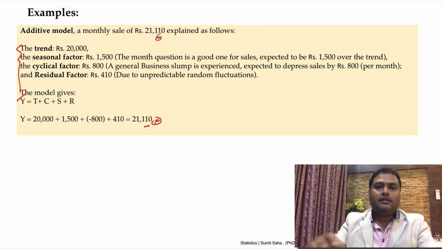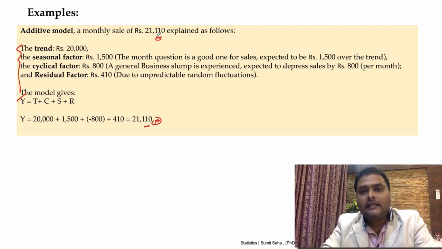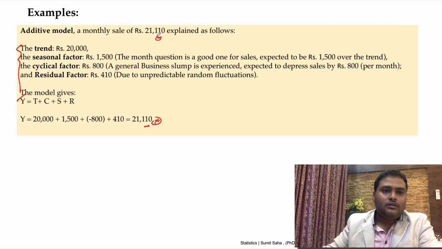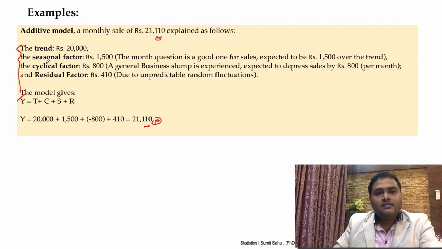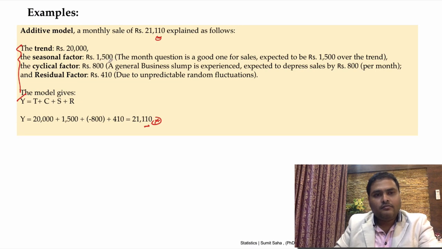So in the additive model, a monthly sale of rupees 21,110 is explained as below. Now think that the question gives this. The trend is given as rupees 20,000. Seasonal factor is given as 1500 rupees. The cyclical factor is rupees 800, but this generates a slump of business.